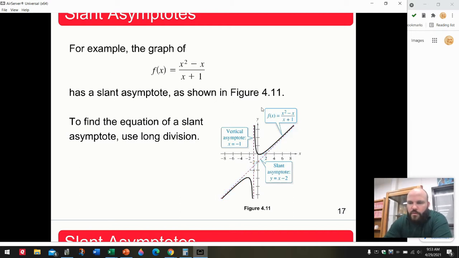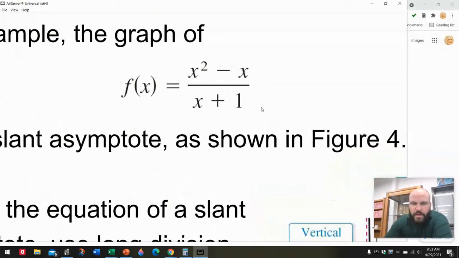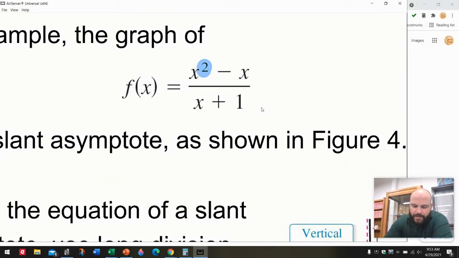And slant asymptotes only occur in one very specific example. And that example is when the degree of the numerator is exactly one higher than the degree of the denominator. So in this particular case, you can see that the numerator is squared and the denominator is to the first power.